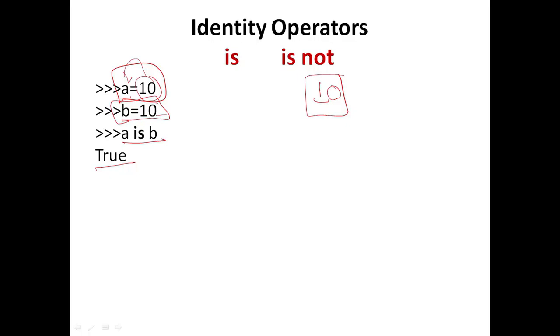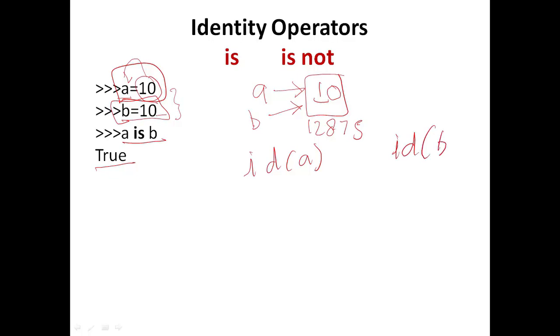For these two statements, Python just creates one single object, and both variables a and b will refer to this single object. So the identifier of this thing will be the same. So if I check id of a and id of b, these will definitely be equal, both are the same.